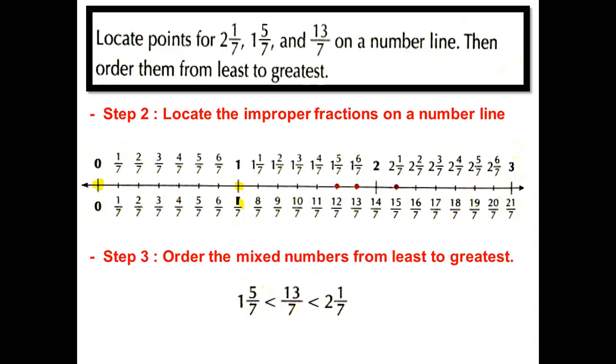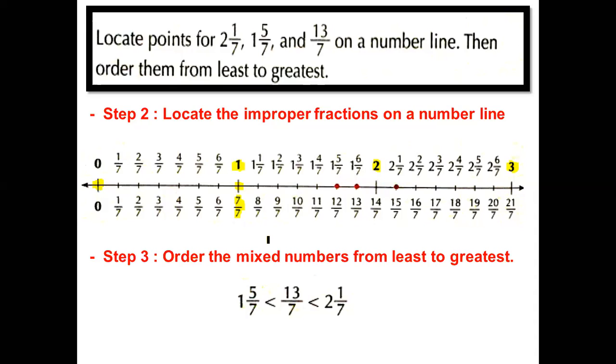And 7 over 7 means we are talking about 1. Continue from 1 up to 2, there are another 7 parts: 1, 2, 3, 4, 5, 6, 7. From 2 to 3, 7 parts: 1, 2, 3, 4, 5, 6, 7.